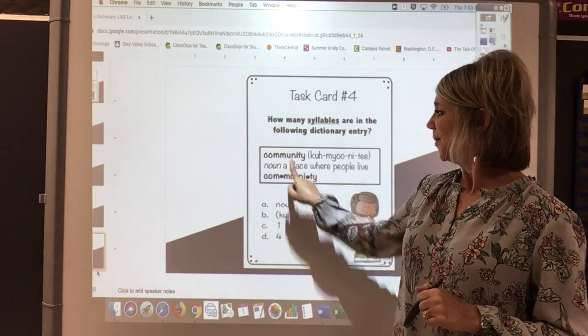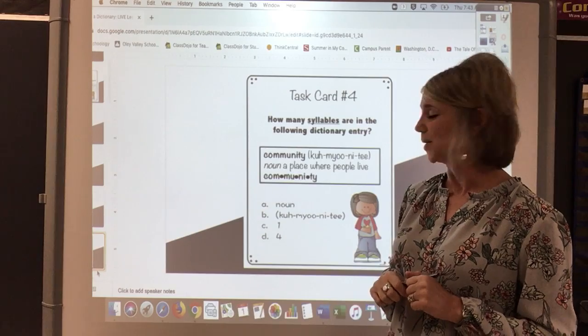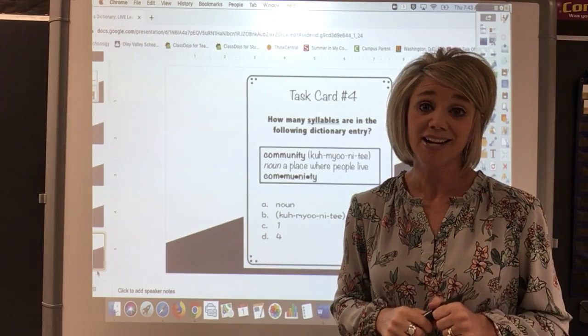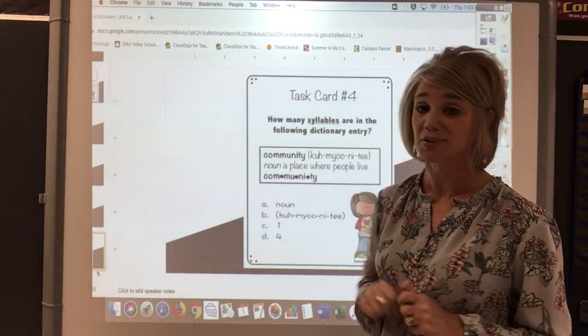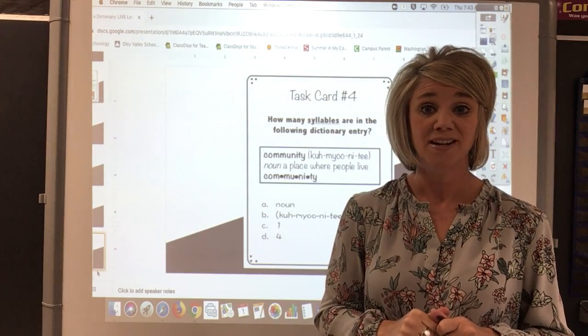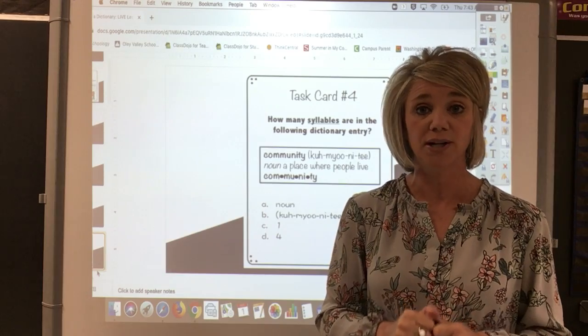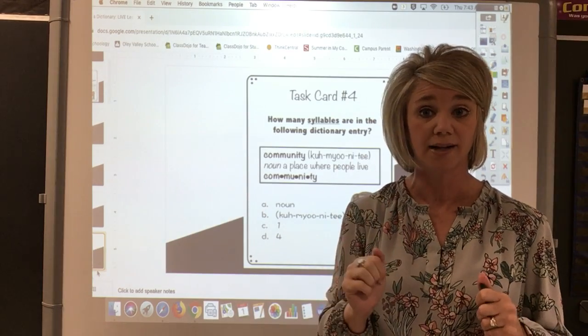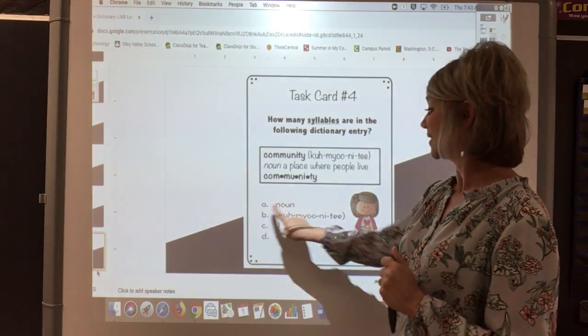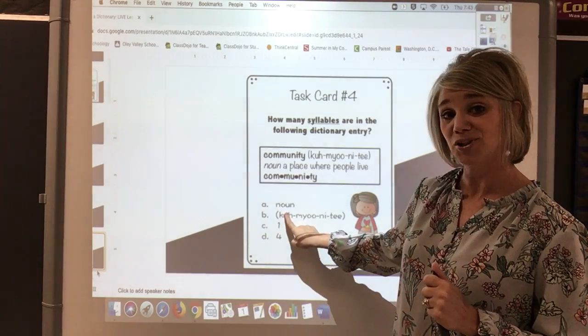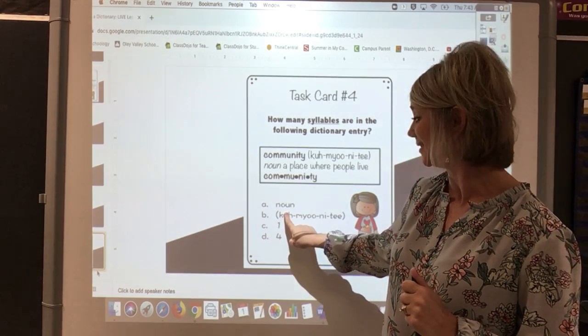Next, we have an entry for the word community, and it's asking us to figure out how many syllables are in that word. So look through the entry and find a place where that word is broken into parts. Does letter A, noun, show how many syllables it has?